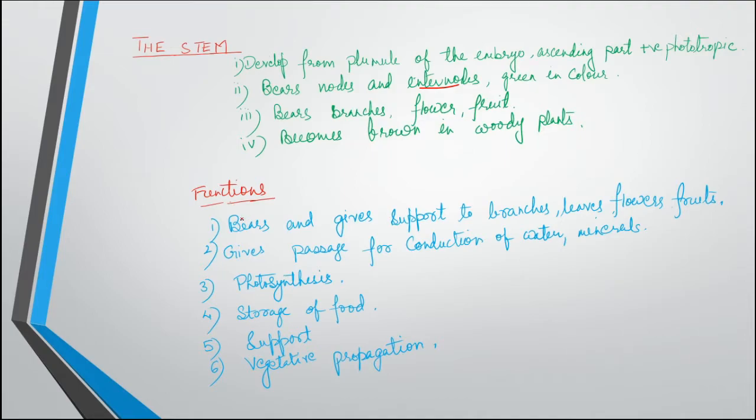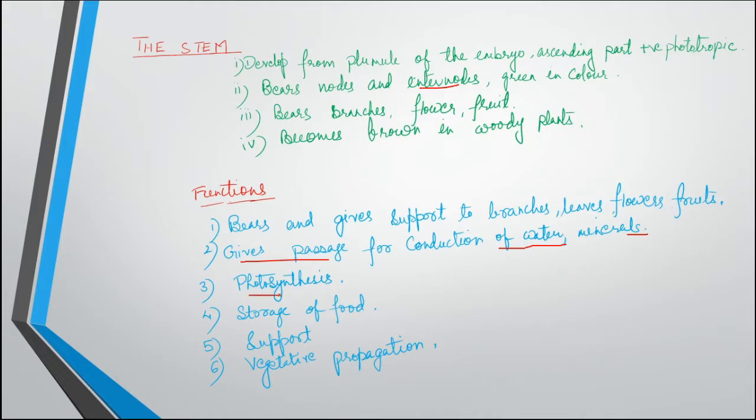Now the important functions performed by the stem are: they bear and give support to branches, leaves, flowers, fruits, etc. They give passage for conduction of water and minerals to different parts of the plant.